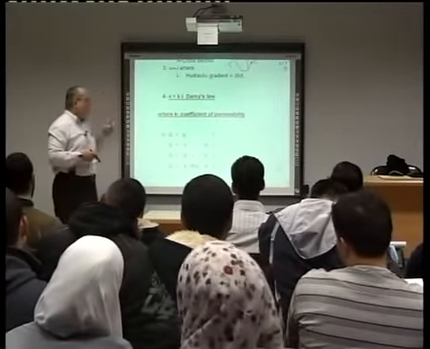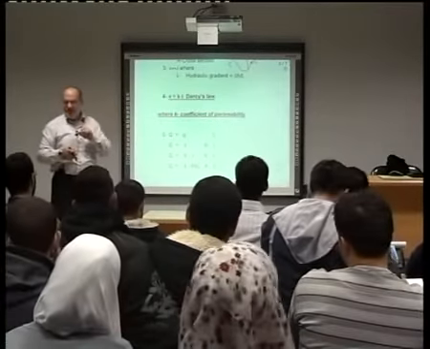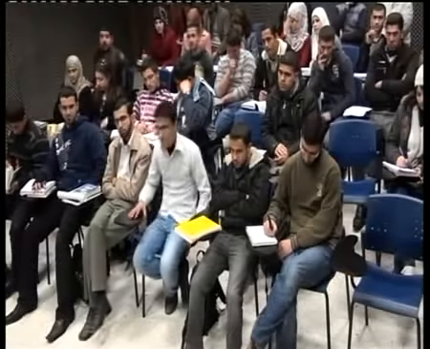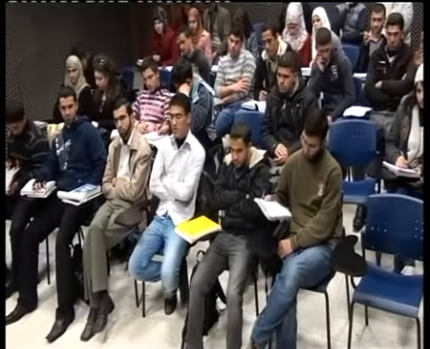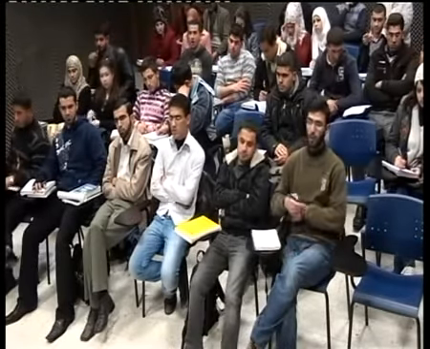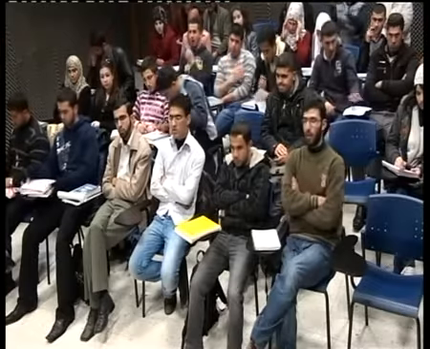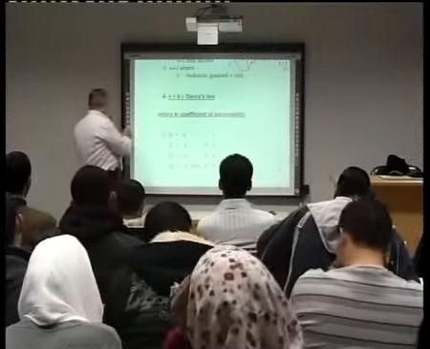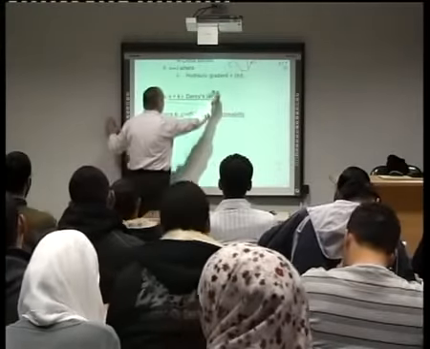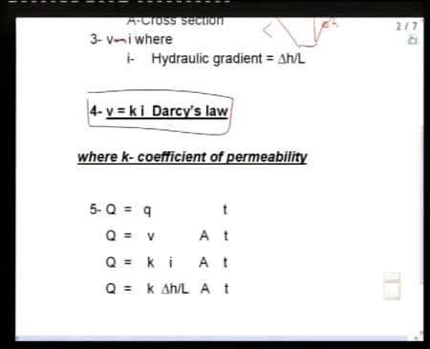Now, Darcy, he's one very famous person. He put his law. We call it Darcy's law. You should remember this. Darcy's law says that V equals K multiplied by i.